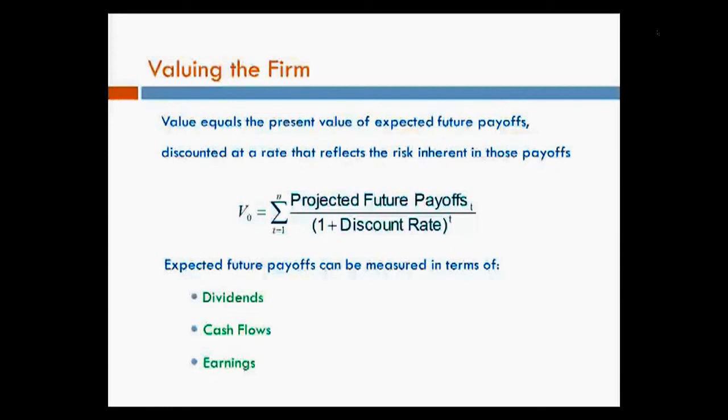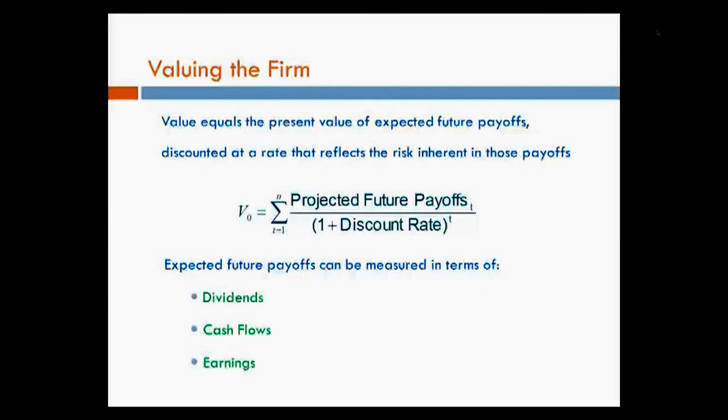That says the value today at time 0 is equal to the sum of projected future payoffs for a series of periods, and these future payoffs can come in different forms, divided by 1 plus some discount rate, some required rate, to the power of the number of periods in the future that you're looking.